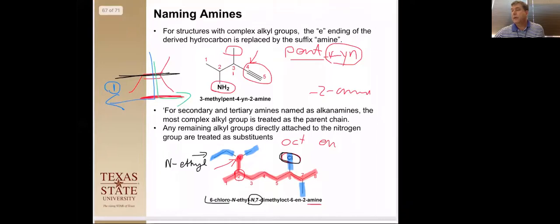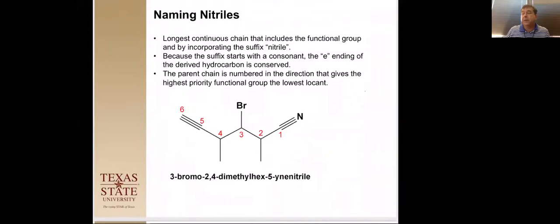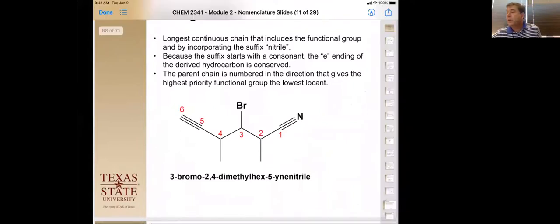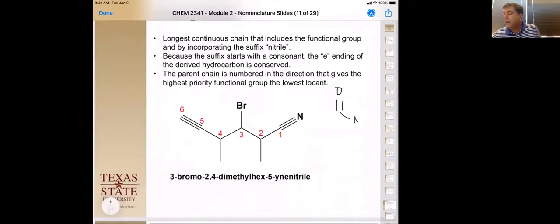All right, so let's go on to nitriles. This is the last of our carboxylic acid derivatives, okay? And I want to show you why it's one of our last. Just like in the acid anhydride, if we had an amide here with 2 hydrogens on here, and some carboxylic acid chain, and we removed water, we took out this O, this H, and ended up with a triple bond between that carbon and the nitrogen, we have the nitrile functional group.